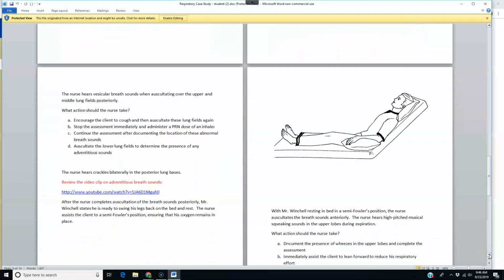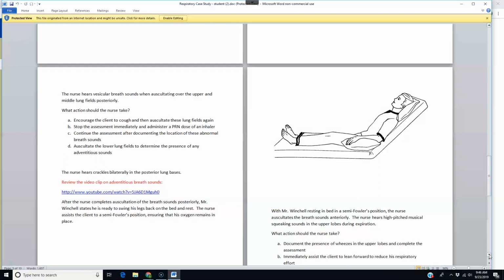The nurse hears vesicular breath sounds when auscultating over the upper and middle lungs posteriorly. What action should the nurse take? So right here we've got a particular type of breath sounds that we're hearing, and you want to think about what is a vesicular breath sound when auscultating. I'm not going to tell you because you should get that from your PowerPoint. You might want to go back.